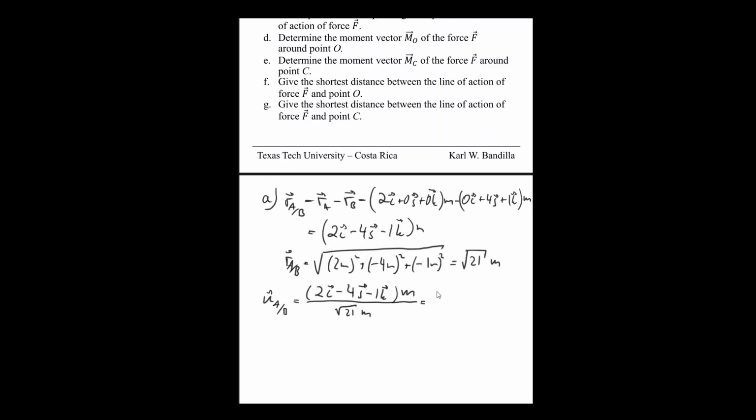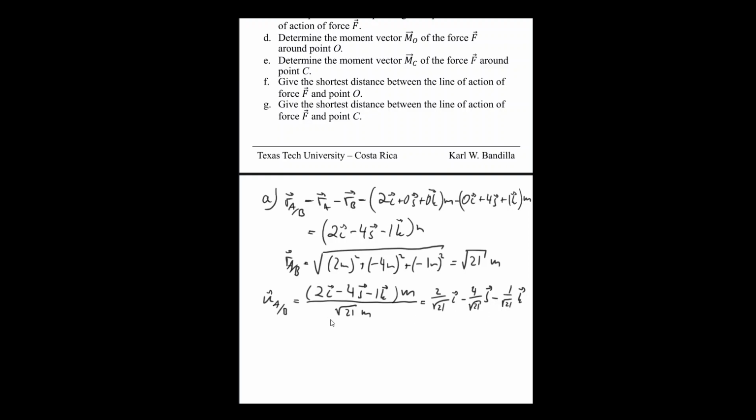So we get 2 over the square root of 21 i minus 4 over the square root of 21 j minus 1 over the square root of 21 k. So that would be our unit vector.